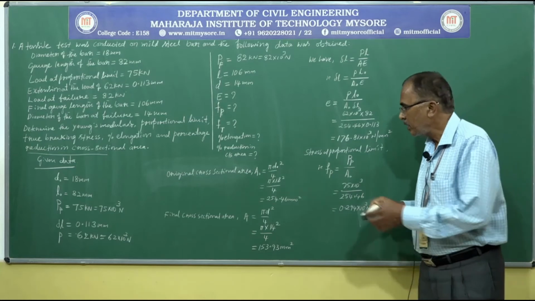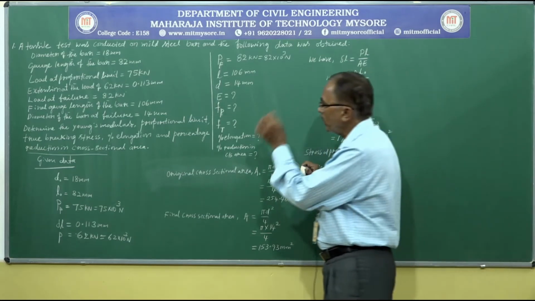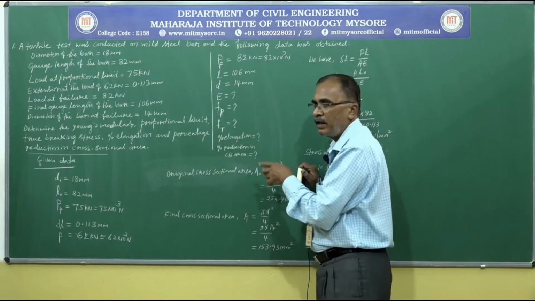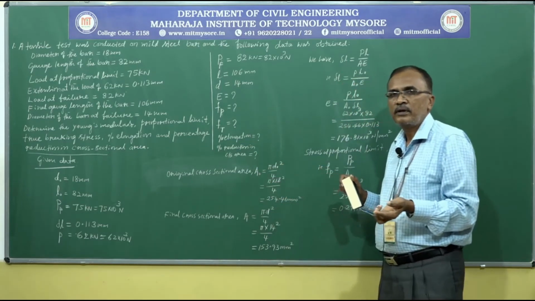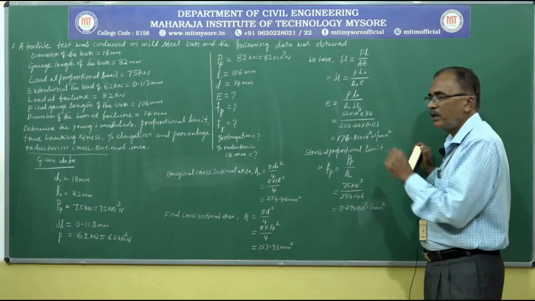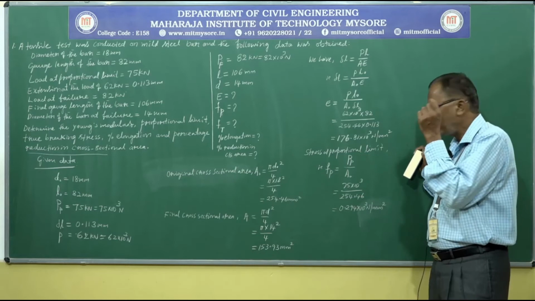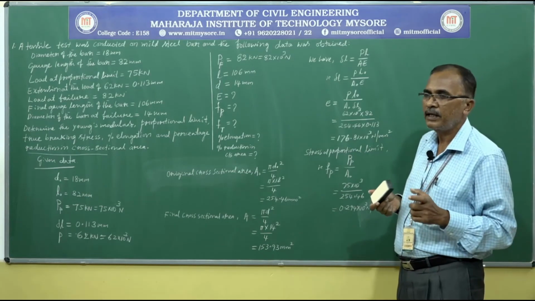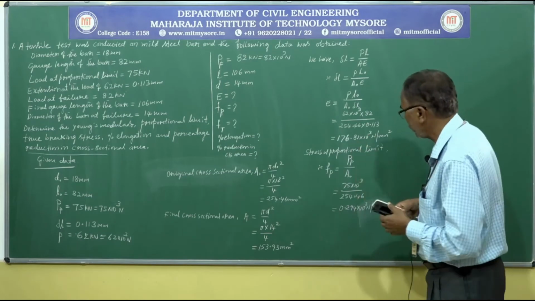Here we can calculate two values of stress. One is by using the original cross-sectional area, the other is by using the final cross-sectional area. If you use the original cross-sectional area, it is an apparent stress, and if we use the final cross-sectional area, it will be a true stress.